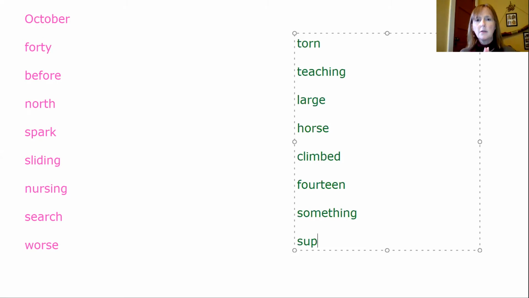So in the second syllable, I want you to write pose. We've got the P, O, and then pose almost sounds like a Z. It is an S, and we're going to use the silent E for that O to say its long name. Now, if I was supposed to do it yesterday, what do we need to add to the ending? Yeah, we need to put a D there.